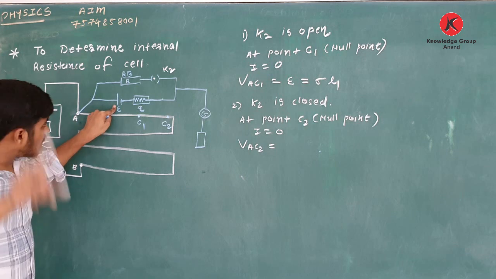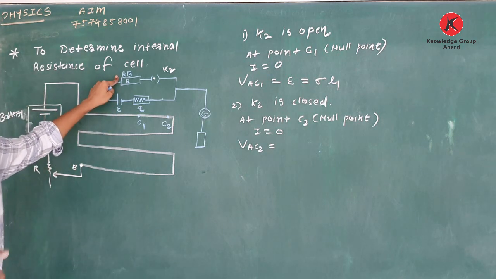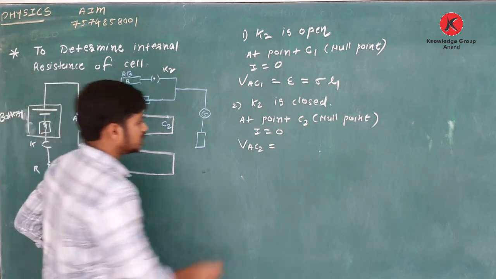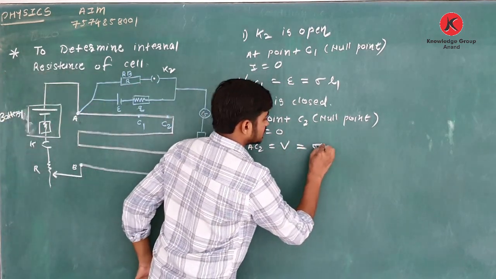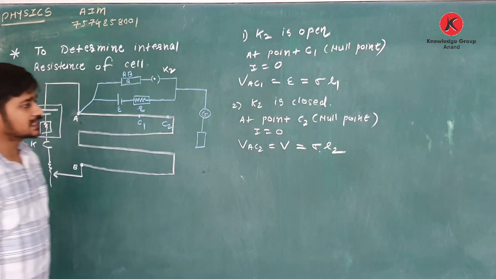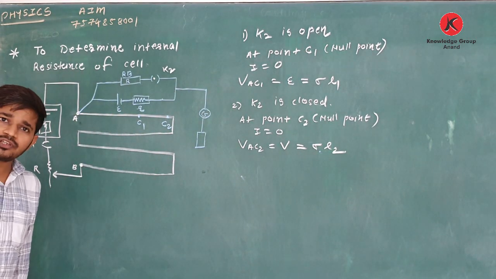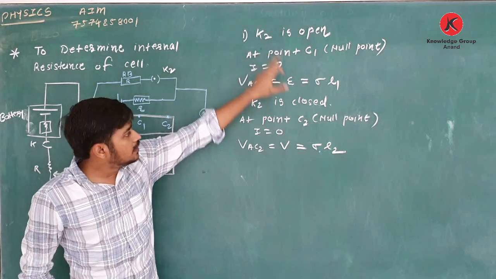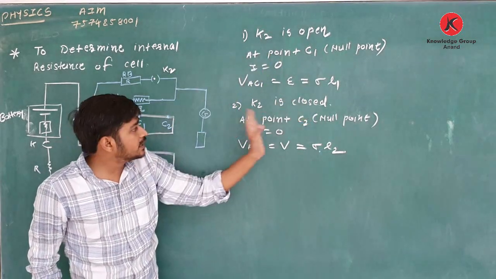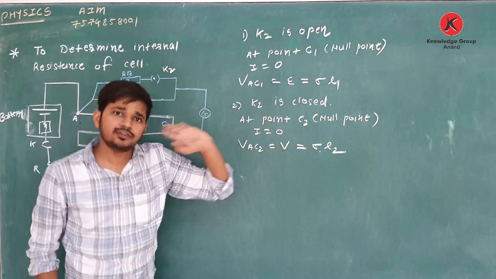But here it is a resistance, and between its two ends we have potential difference, so I will write it as V. And this V is equal to sigma L2. Clear about this? How to remember: when the key is open, null point L1; when the key is closed, null point L2.